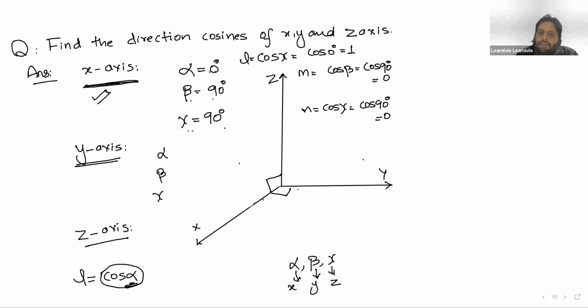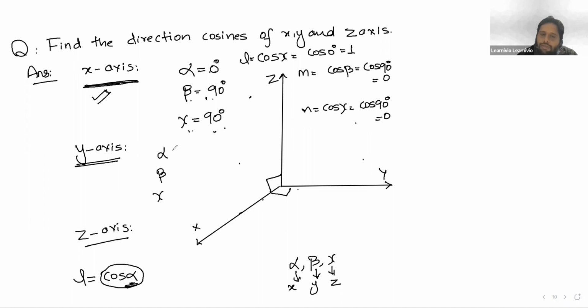Now the x-axis makes an angle 0 degree with the x-axis. Now tell me what angle the x-axis makes with the y-axis? 90. So that's why beta is 90, so cos beta is 0. What is the angle which the x-axis makes with the z-axis? 90. So cos gamma again gives you 0.